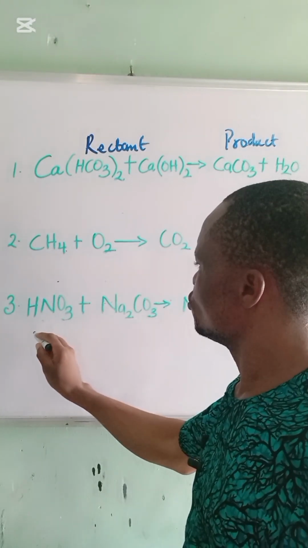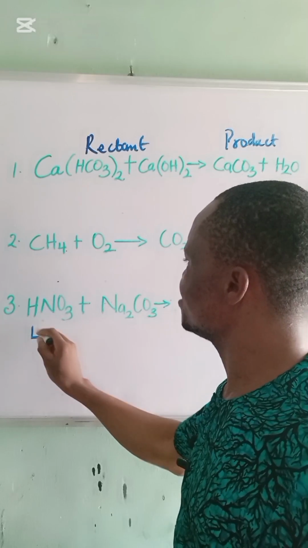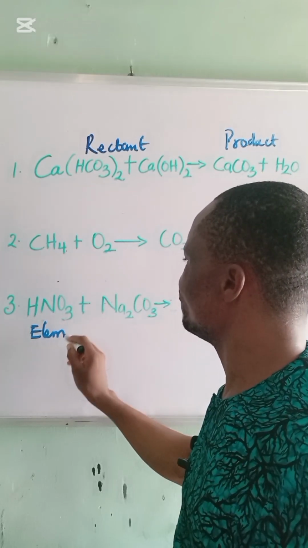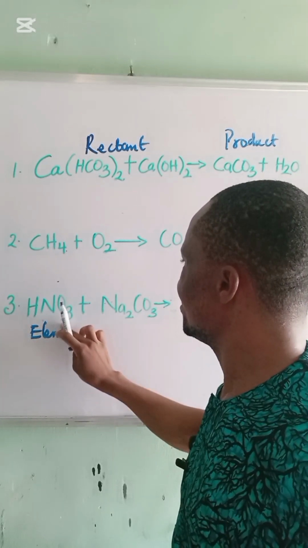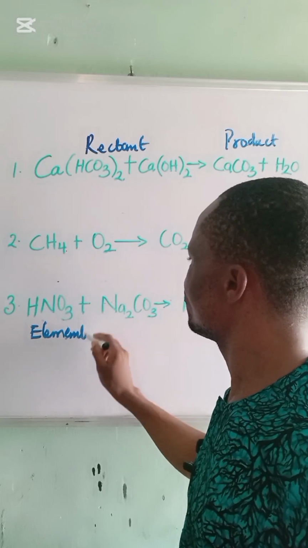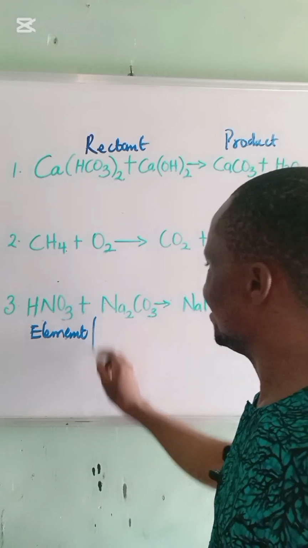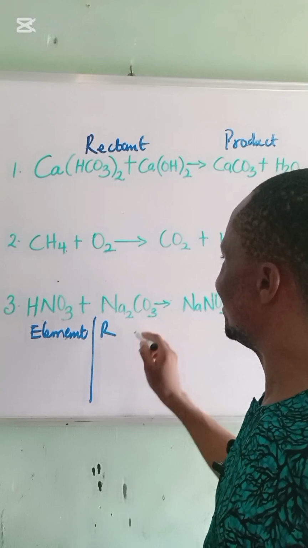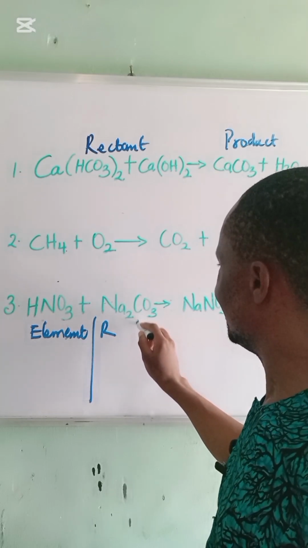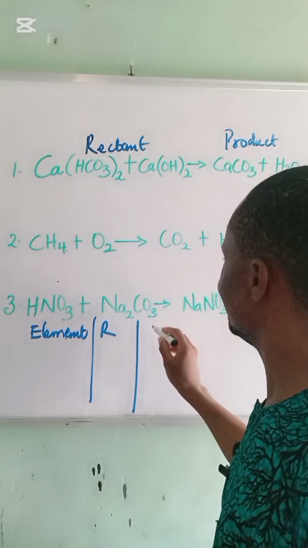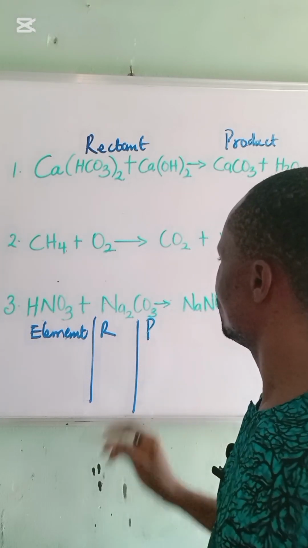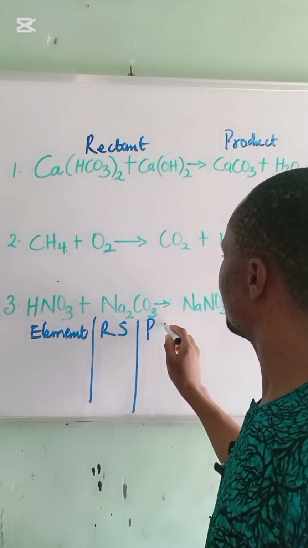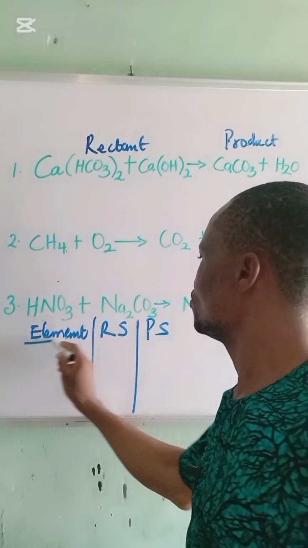Write your elements, that's the element involved. This is the reactant side, R, and another one is the product side.